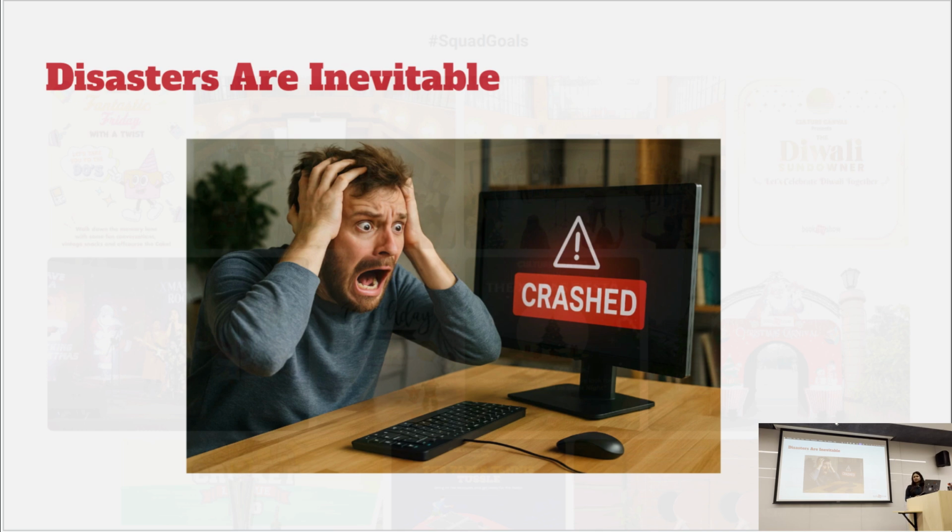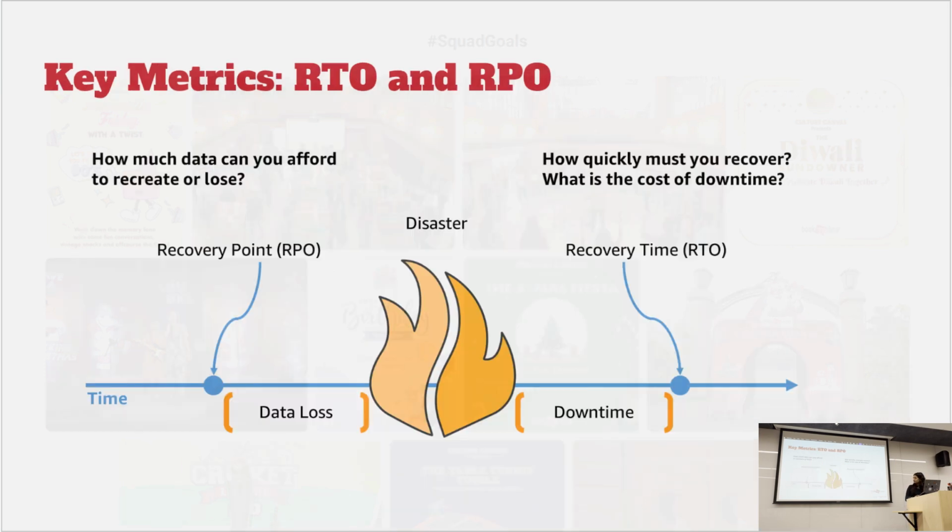Taking forward these two key points, that is RPO and RTO, recovery point objective and recovery time objective. These are the key metrics when we talk about disasters and disaster recovery. Recovery point objective, as I just mentioned, defines the maximum data you can lose, measured in terms of time.